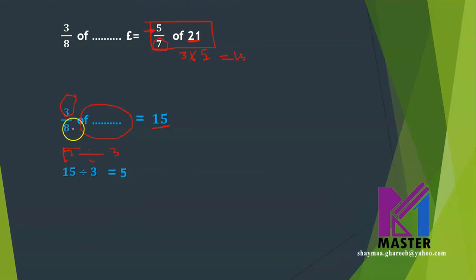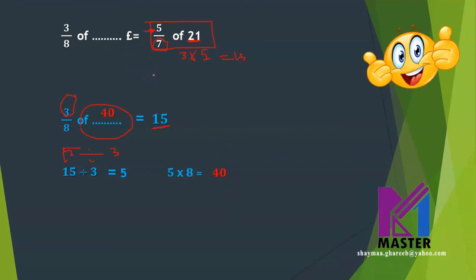Then I will multiply by the number down, the denominator, or the total number of parts. So 5 times 8 will be 40. So the answer of this question is 40. 3/8 of 40 pounds equals 5/7 of 21.